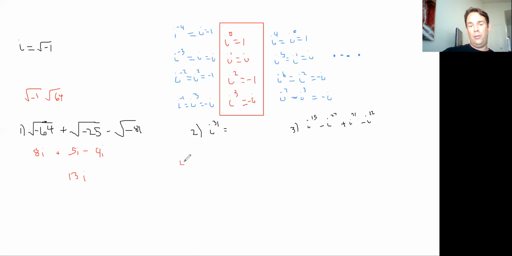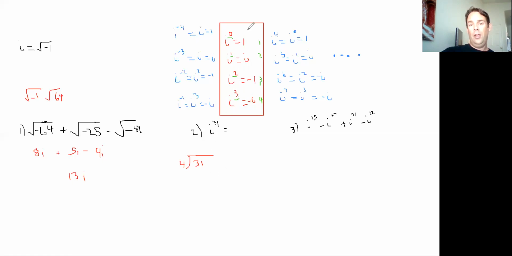Again, with the exponents, we said, hey, divide them by 4. And remember, we divide them by 4 because we have 4 numbers in our pattern. So I can take that exponent and make it equal to whatever that remainder is. The remainder will either be 0, 1, 2, or 3.